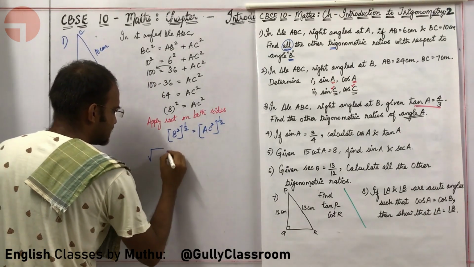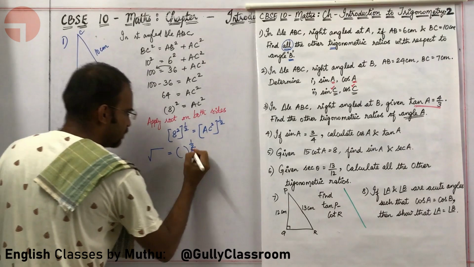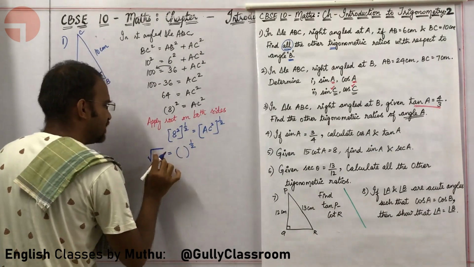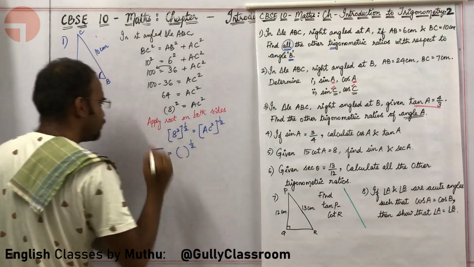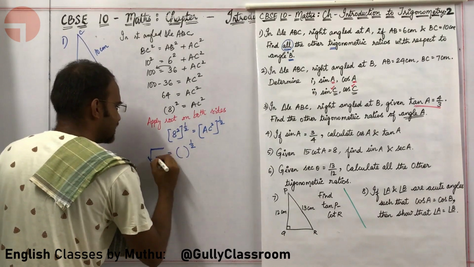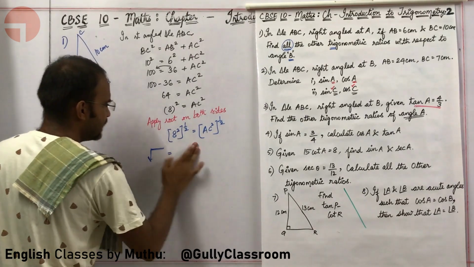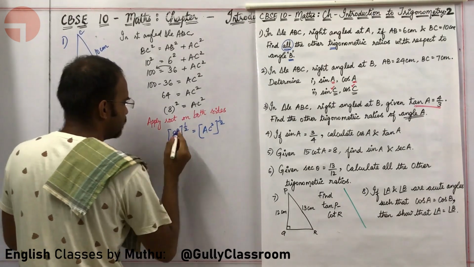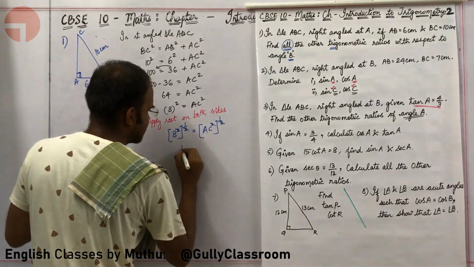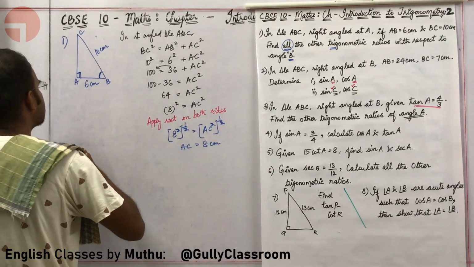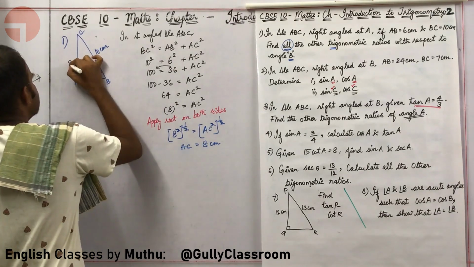This symbol is simply a notation of power of 1 by 2. So I am simply writing the root as power of 1 by 2. Here 2 and 2 will get cancelled. AC will be written as 8 centimeter. So let us write AC as 8 centimeter.